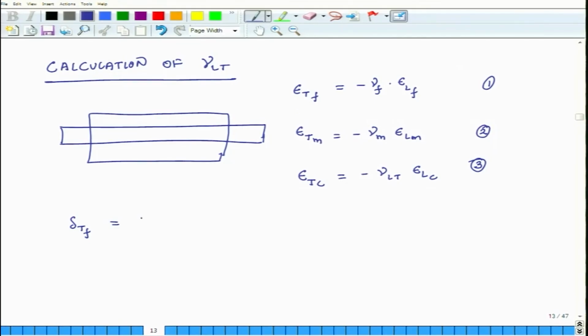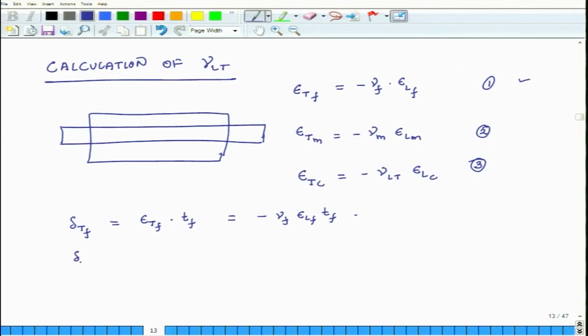So, it will be epsilon Tf times Tf, right, and this is equal to minus mu f epsilon Lf Tf. So, I am using equation 1 in this relation.